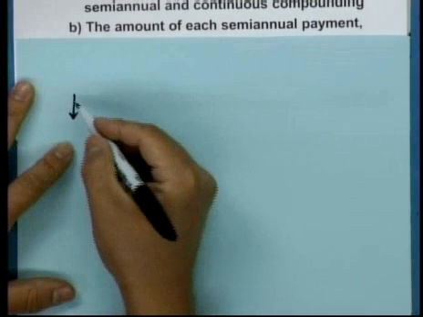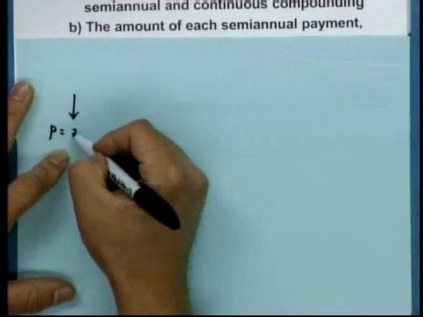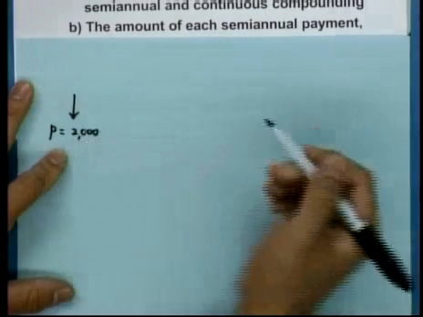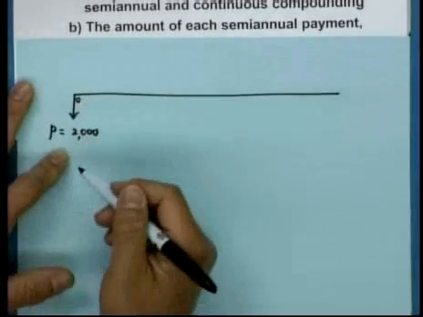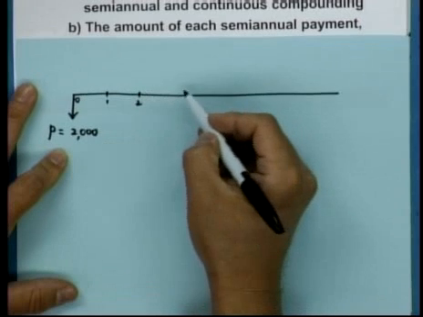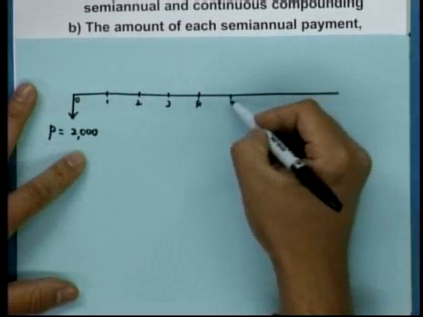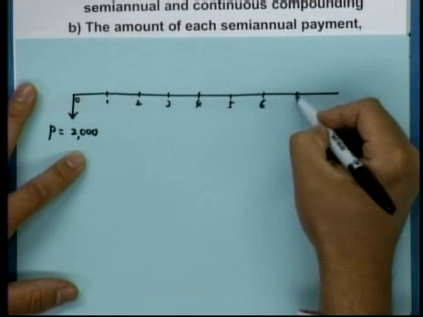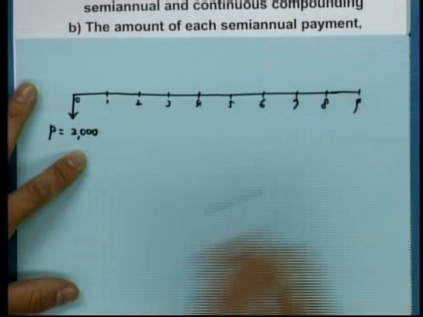So you are taking a $2,000 loan. So P is $2,000 at the end of period 0. Then 1, 2, 3, 4, 5, 6, 7, 8, and 9. Okay.